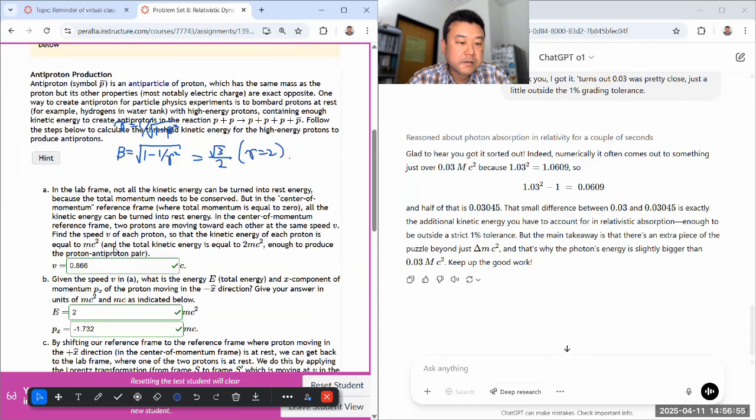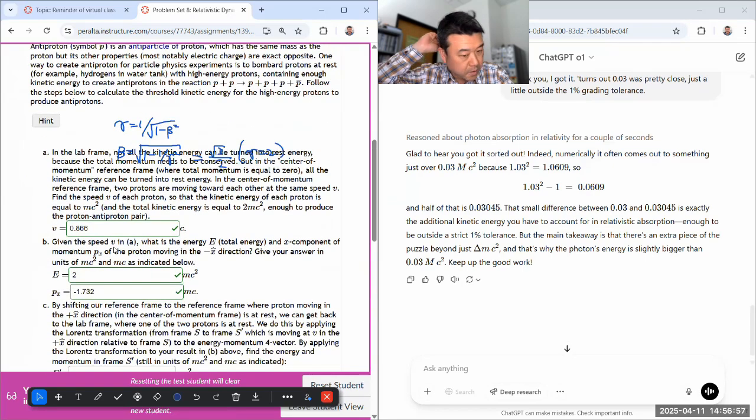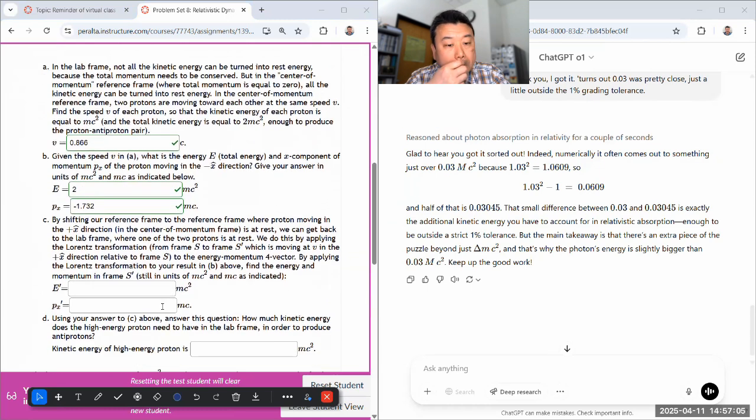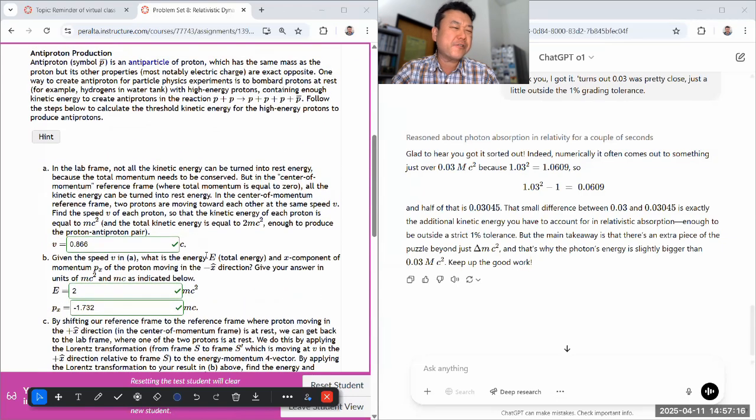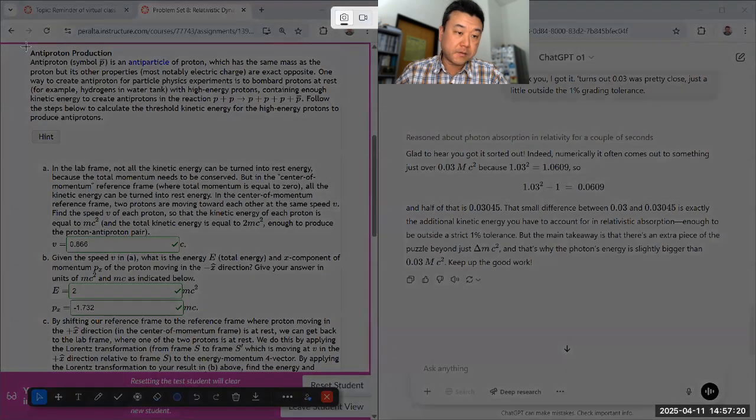I think the harder part is, imagine someone who doesn't know four-vector formalism. Then I think part C might be harder. So let me ask ChatGPT that question. It should definitely guide me towards the four-momentum method.